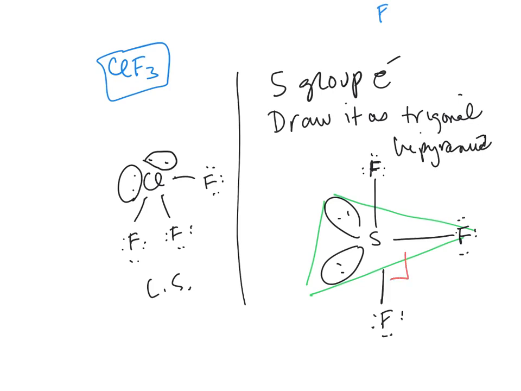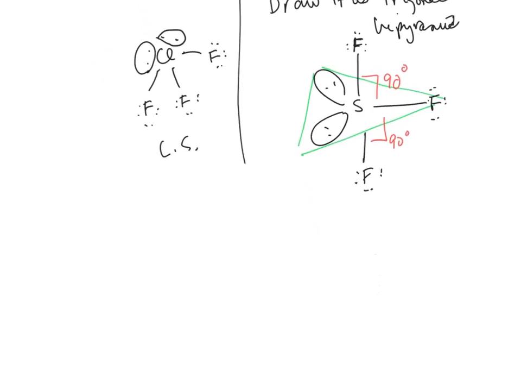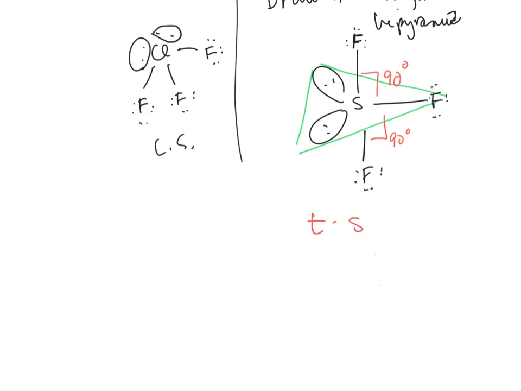Right, so this is 90 degrees. That one's 90 degrees. And that's a very pretty molecule. So the name of this shape is T-shaped. And I think that's all for that one.